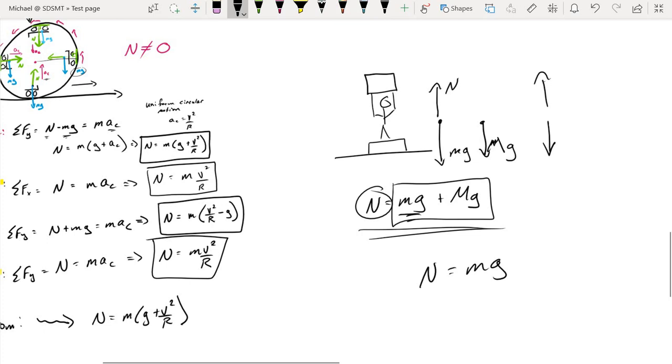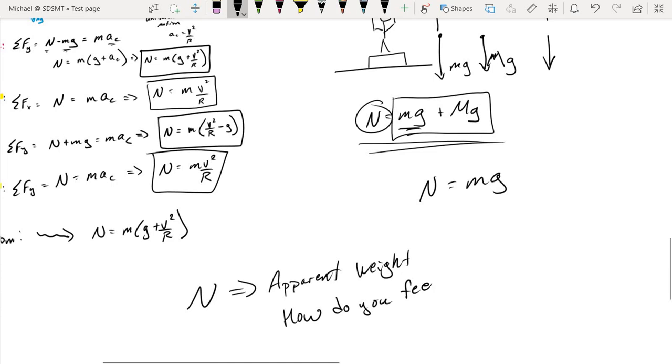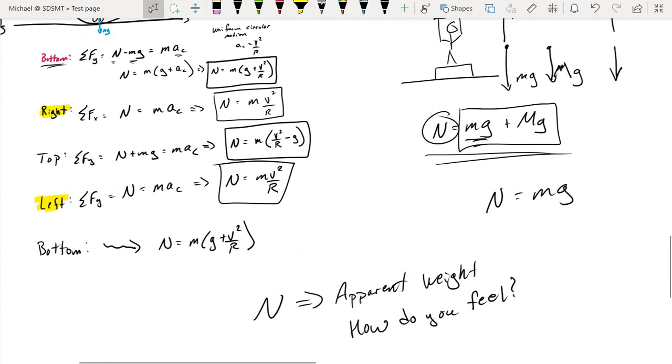In this case, we can take that normal force and relate it to something called apparent weight. So essentially, how do you feel? Do you feel light? Do you feel heavy? Do you feel normal? So obviously not the same normal here as normal force.